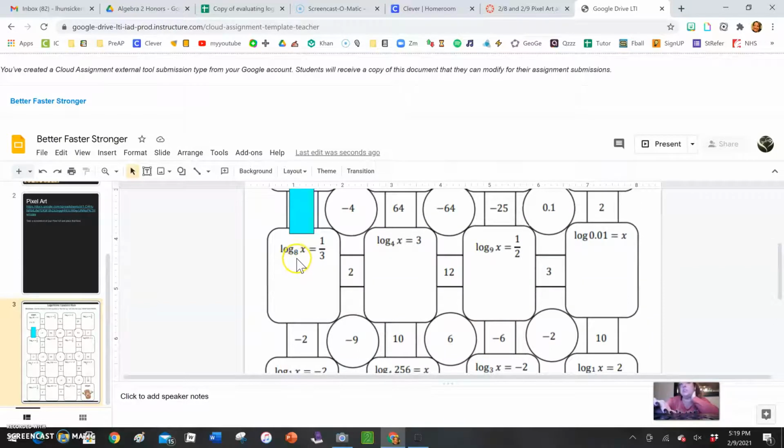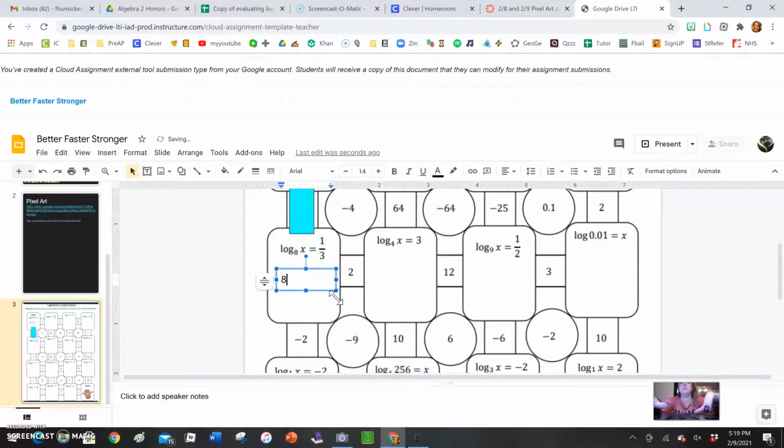Ooh, this is a good one. So 8 to the 1/3 power equals what? So notice how it's in a little different version, right? So let's go add in that text box in case we need to see it. Okay, so 8 to the 1/3 power. Remember, fractions are roots. So this is the cubed root.